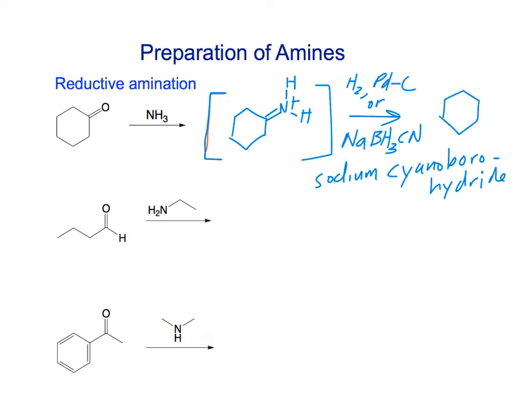Okay, so we just add a hydride, right? That's all we really need to do here. We're adding a hydride like this, and it goes like this, and we get the amine like this. Okay, so we've just reduced the carbon-nitrogen double bond. Okay, if we use a primary amine, we could also draw out an intermediate like this.